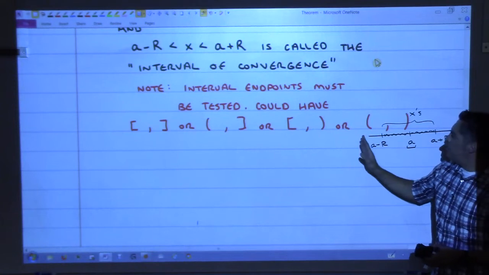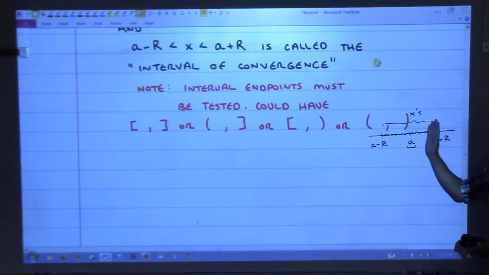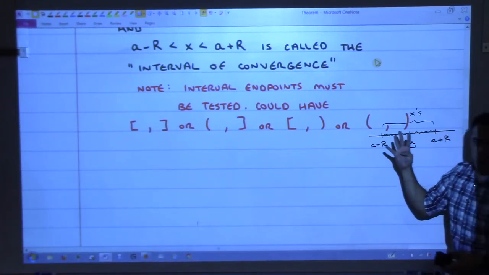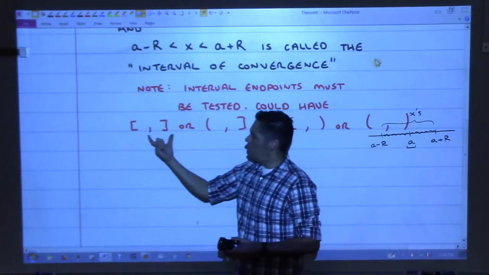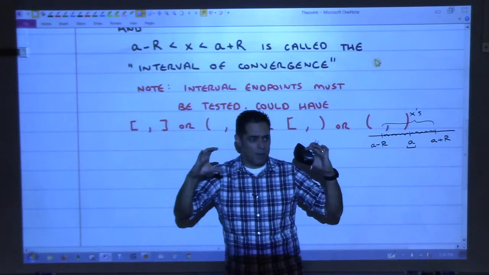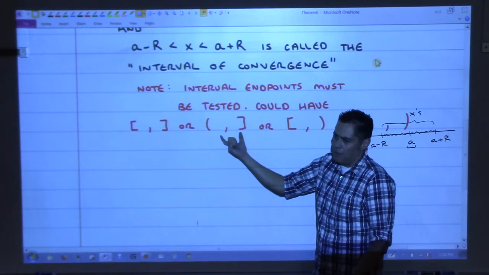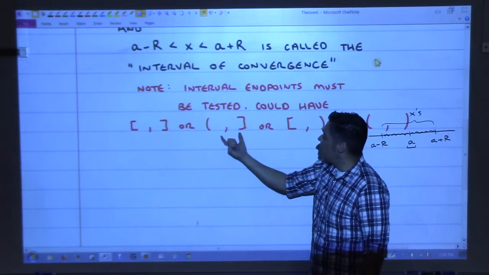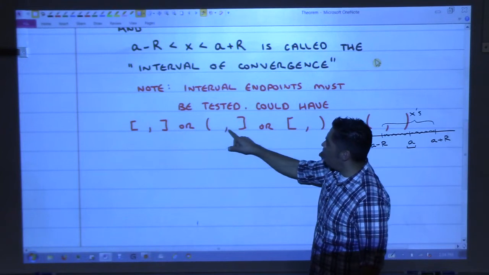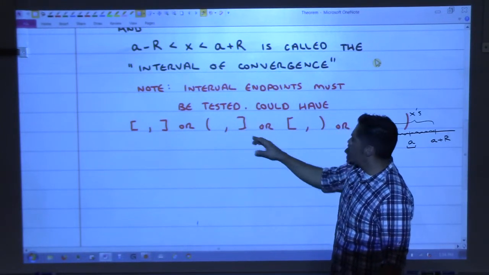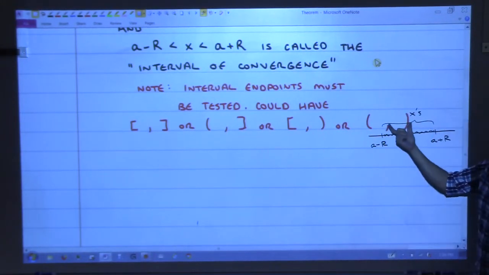We have to keep in mind that when we talk about an interval, you can have four types of intervals. You can have a closed interval, where you're including both endpoints. You can have a half open or half closed interval, where you don't include the left endpoint, you do include the right, or the other way around, or you don't include both endpoints.